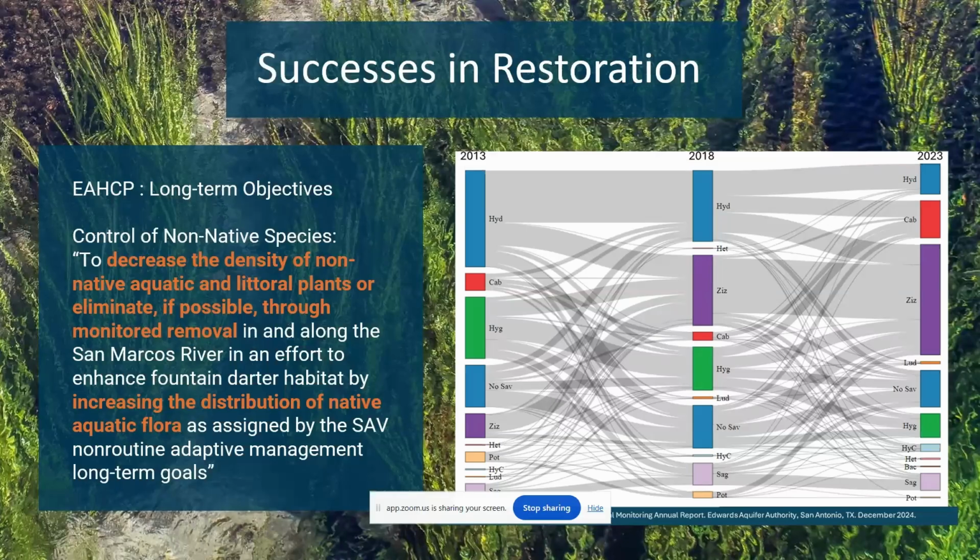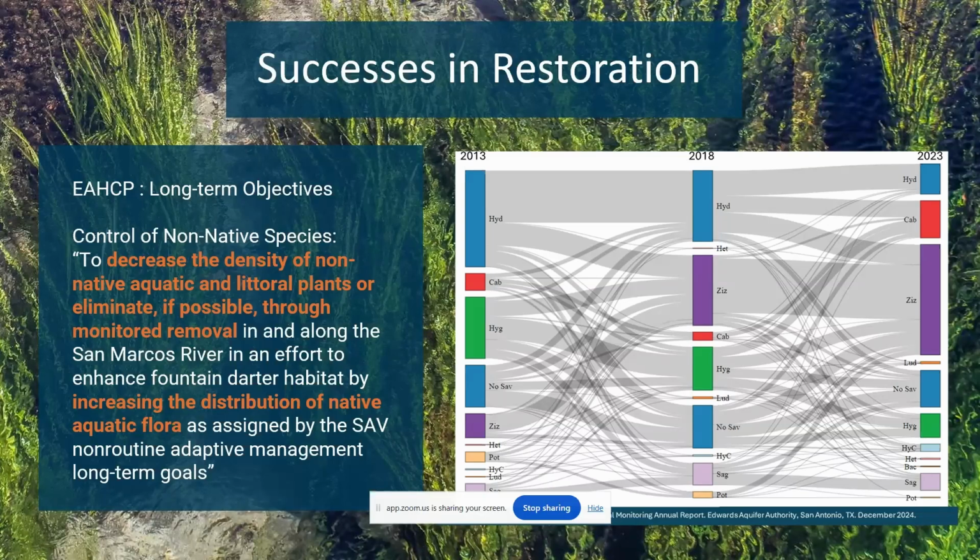This crazy graph, I just wanted to put this up here because it really highlights the success of us being able to increase the biodiversity of the plant communities, which was a goal of the HCP. If you can see the big blue bar on the left from 2013 is hydrilla.